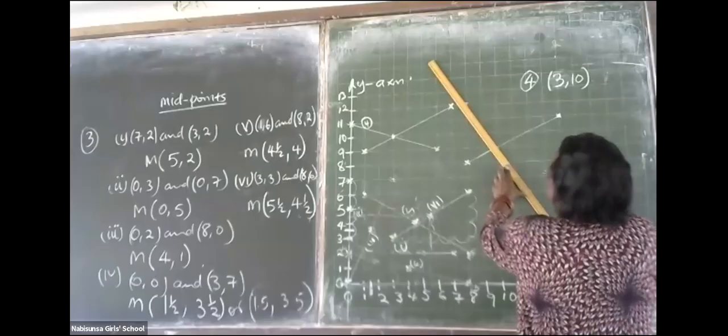Can you give us the endpoints of the second line segment? (14, 3), 14 on the X, 3 on the Y, and (8, 12). Am I plotting rightly? Yes, teacher. So the first one is this line segment, the second one is here.